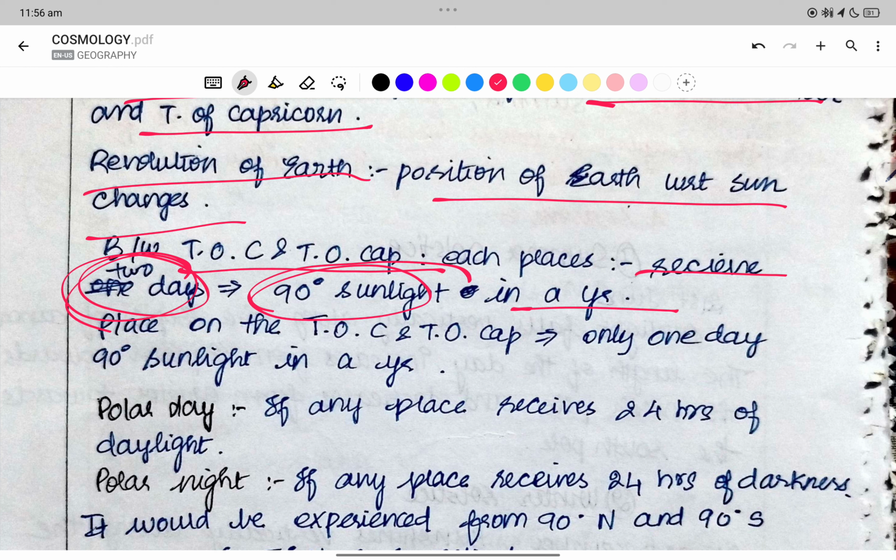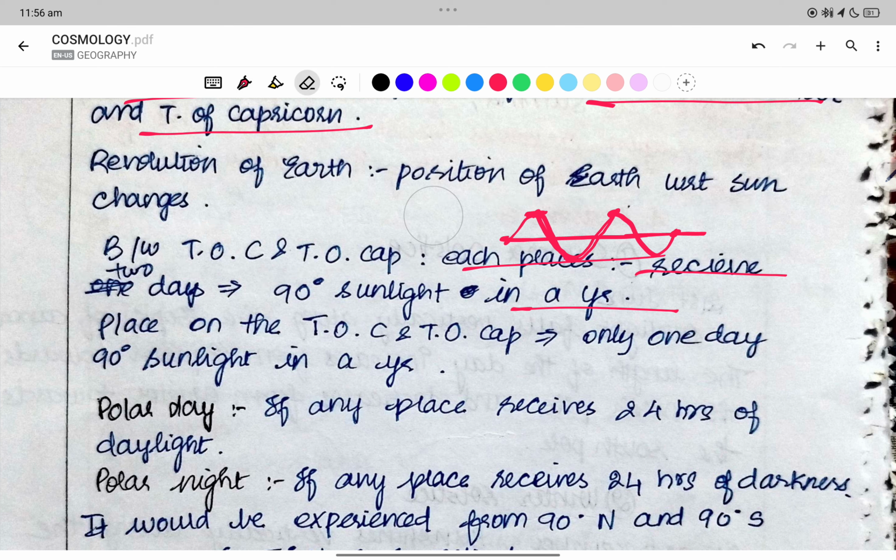Right. It starts from here, it goes up, and again comes down. But the Tropic of Cancer and Tropic of Capricorn receive it only one time. This is one cycle, right?